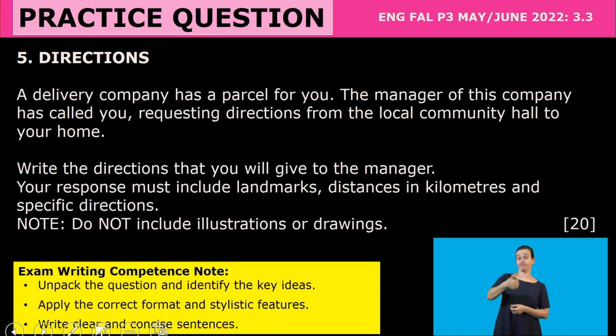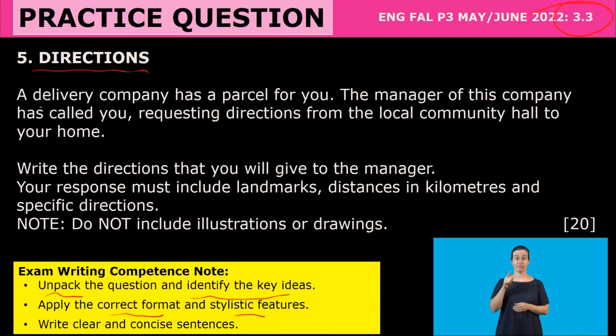The next example we're going to look at is from category C, and this is the directions from May-June 2022, question 3.3. We follow the same guidelines, we unpack, we identify key ideas so we can apply the correct format and stylistic features. A delivery company has a parcel for you.